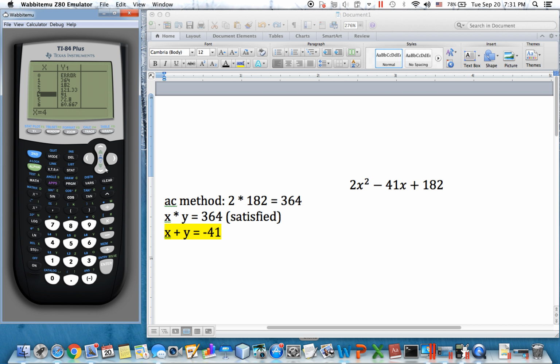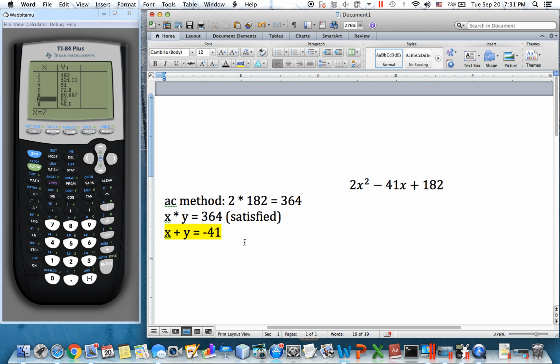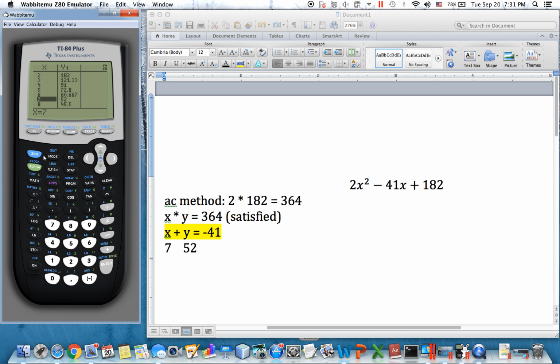We have to go down a little more. Now I got 7 and 52, maybe. We don't know if both are positive or both negative, so let's go out and check it.